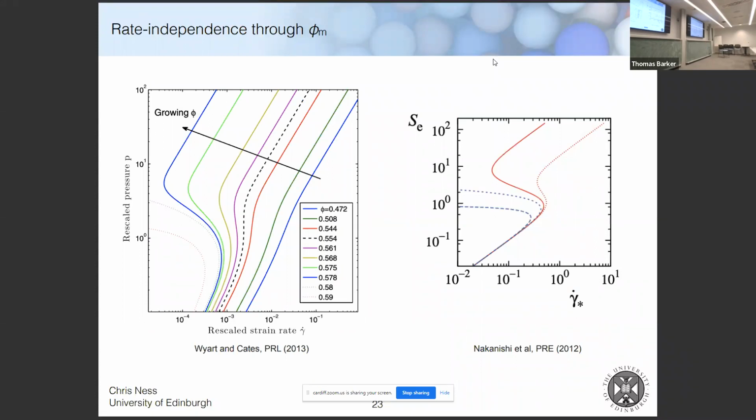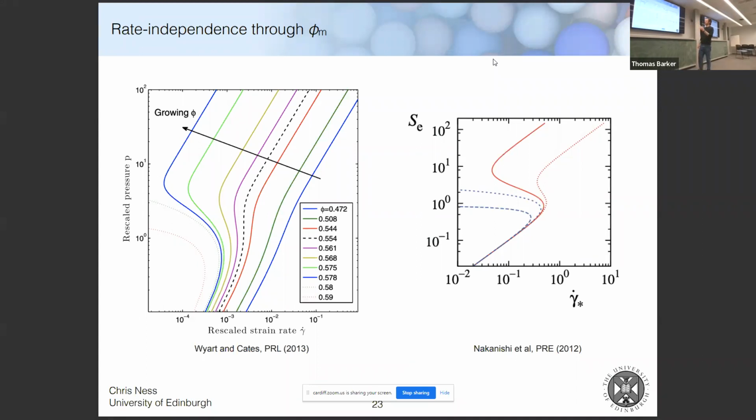So this idea is almost entirely attributed to this paper from 2013, where they did the reverse. Actually, they assumed that the maximum packing would decrease as you increase the stress, and then you get these interesting flow curves. So think of this as stress as a function of strain rate.